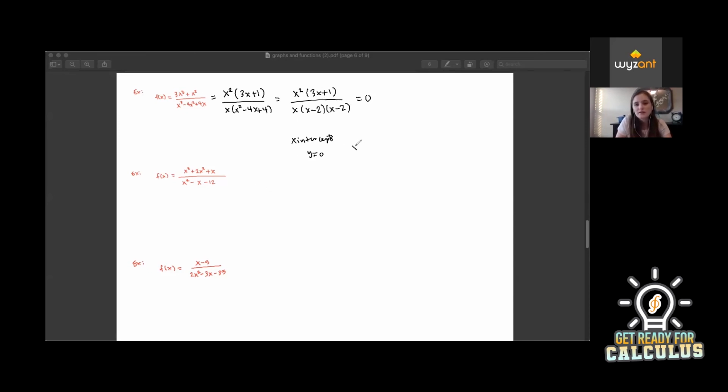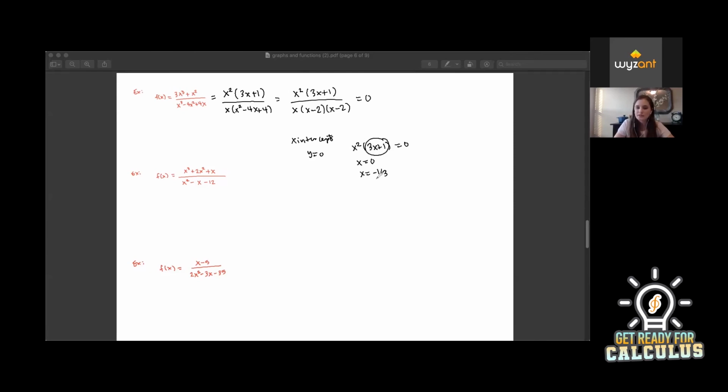So if we do that real quick, we're going to have x squared times 3x plus 1 equals 0. This is going to equal 0 if this is 0, or this is going to equal 0 if this is 0, because any number times 0 is 0. So that tells us we have x-intercepts at x equals 0 and x equals 1/3. Sorry, negative 1/3.